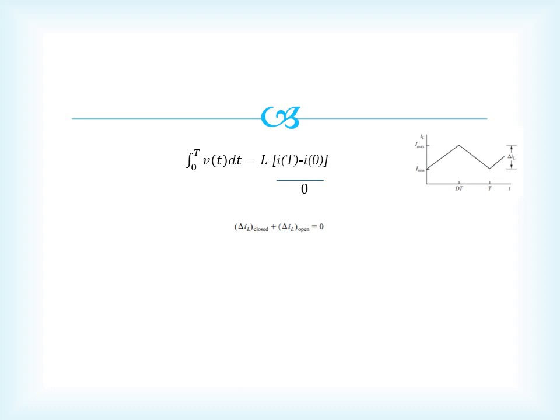So we can also write this steady state condition as the overall change in the current during the on time of a waveform, plus the overall change in the current when the switch is off, should be 0, isn't it?